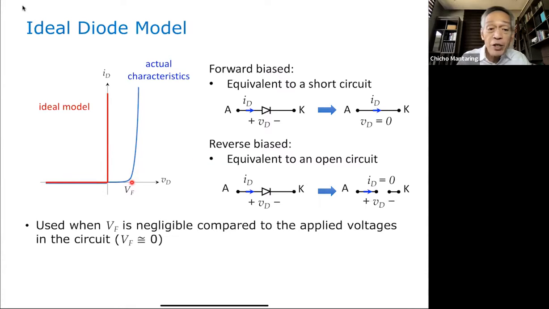If you consider V sub F for a silicon diode, that's 0.7 volts. 0.7 volts compared to 220 volts is negligible. Thus, it's justified to use the ideal model without losing much precision.